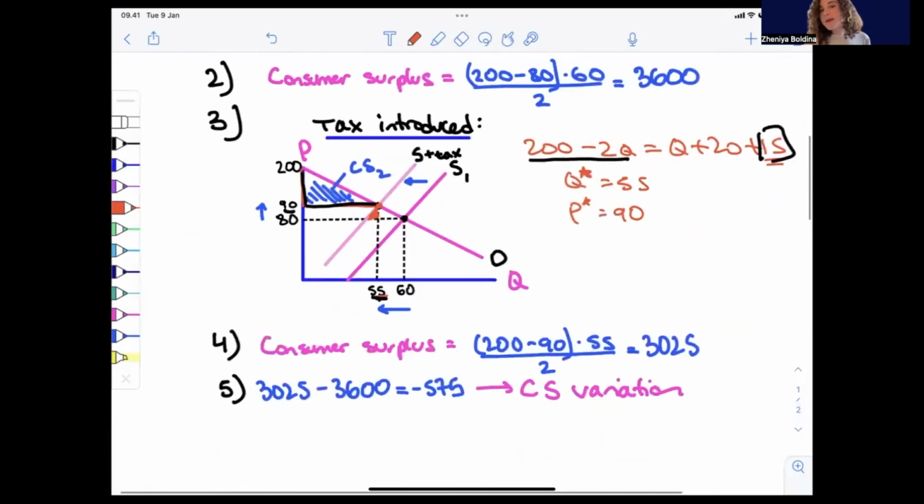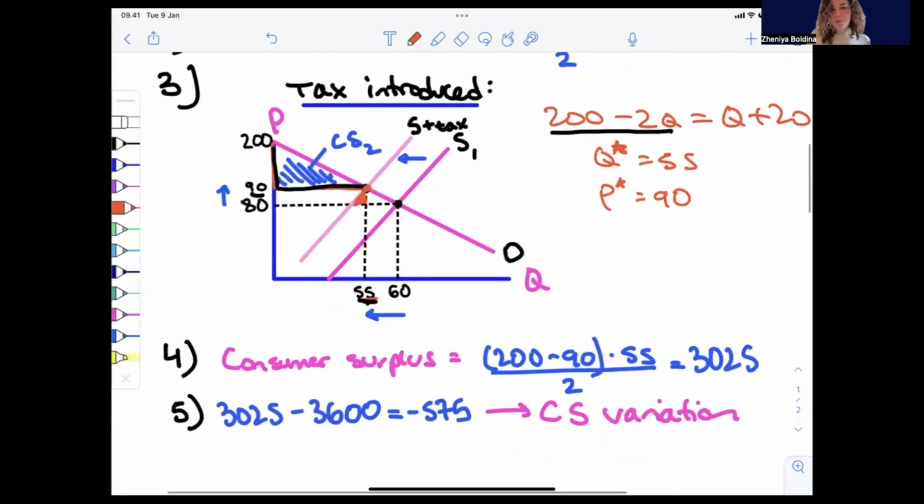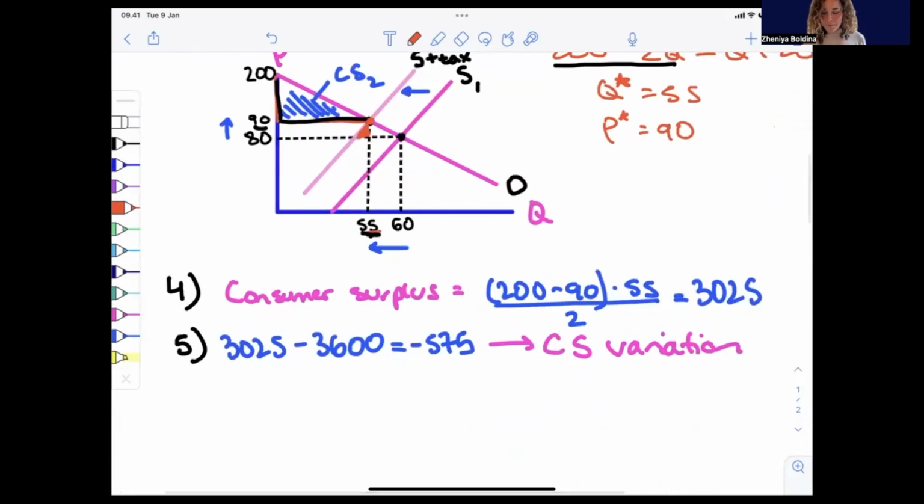Sometimes you might be asked to find it, and again, you just follow a similar structure for areas of triangles. And lastly, to find the consumer surplus variation, we simply take the difference between our final consumer surplus and the initial consumer surplus, and we see that it will be negative 575. So that's our consumer surplus variation and the answer to our last question.